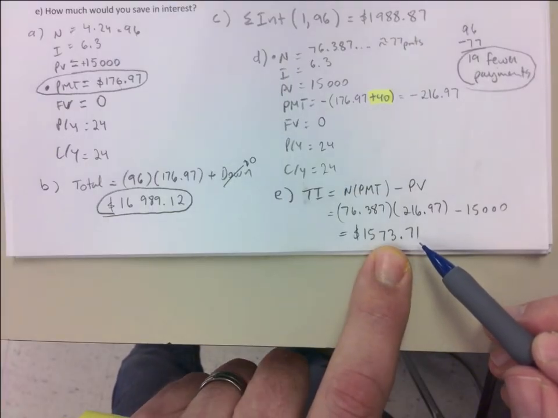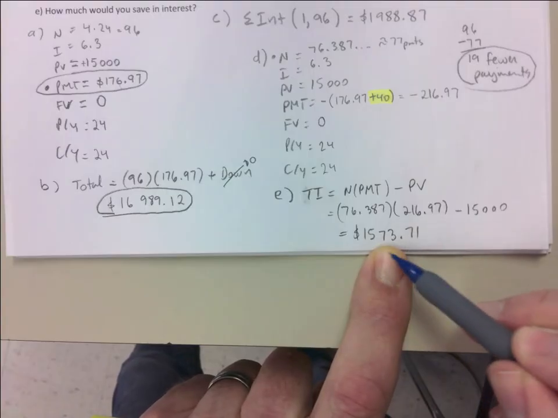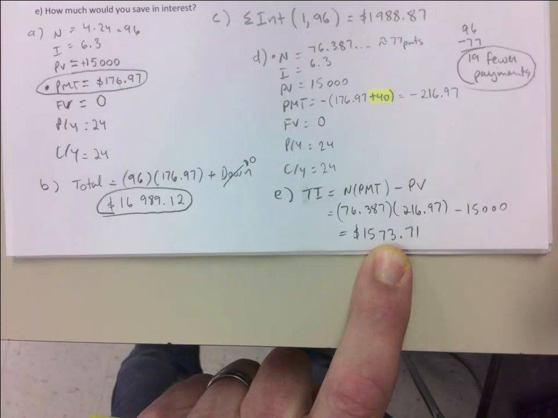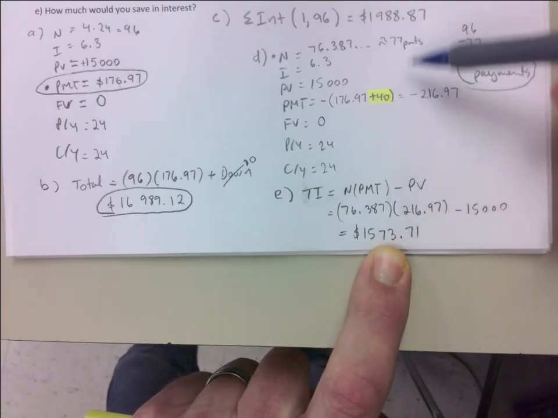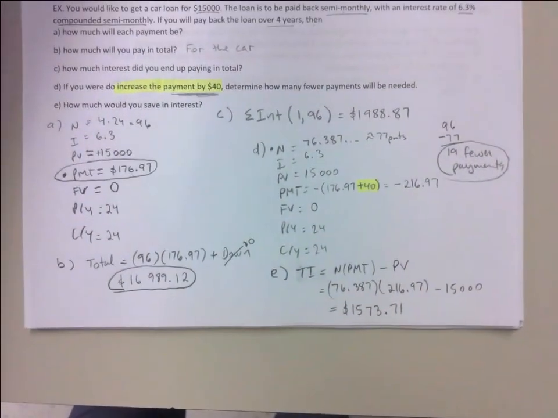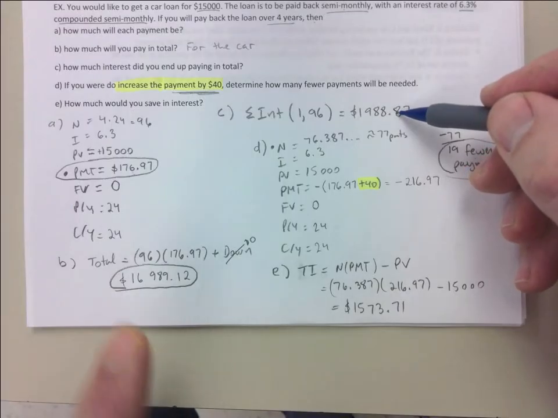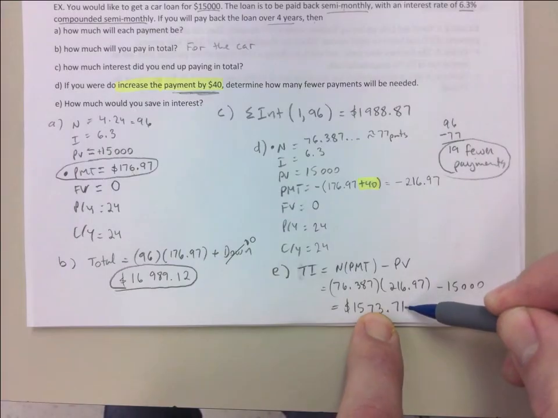This isn't answering the question yet. You just figured out how much interest you would have paid if you made an extra $40 a payment, right? If you contributed extra. So we will subtract these two. Hold on. We'll subtract the interest from the original scenario minus the interest from the second scenario.